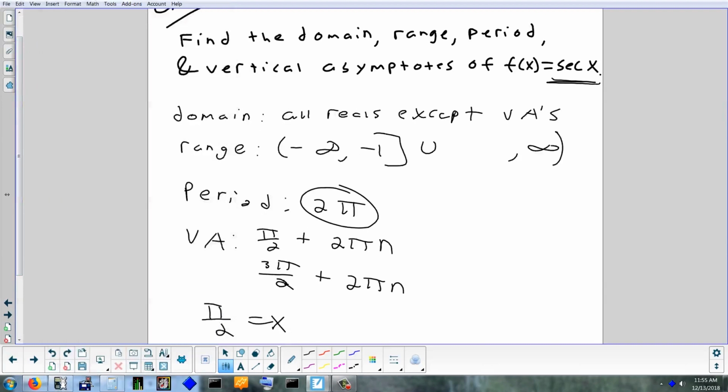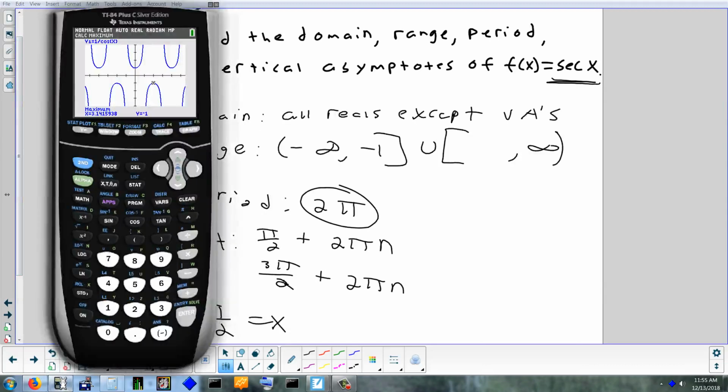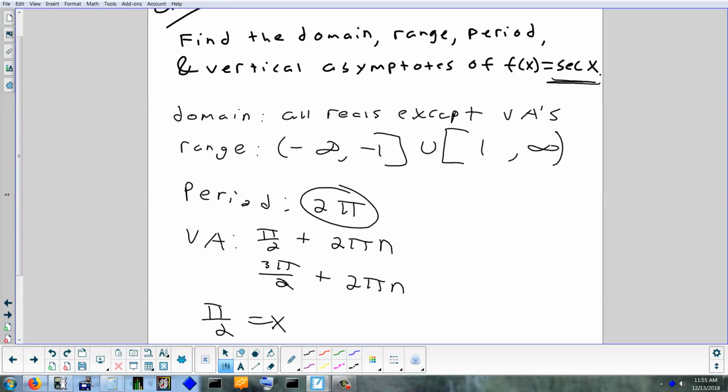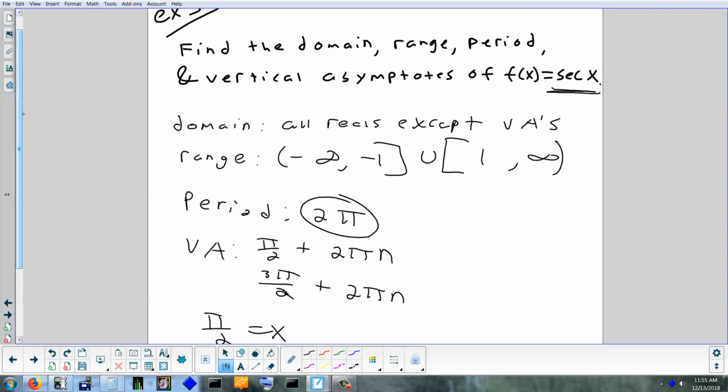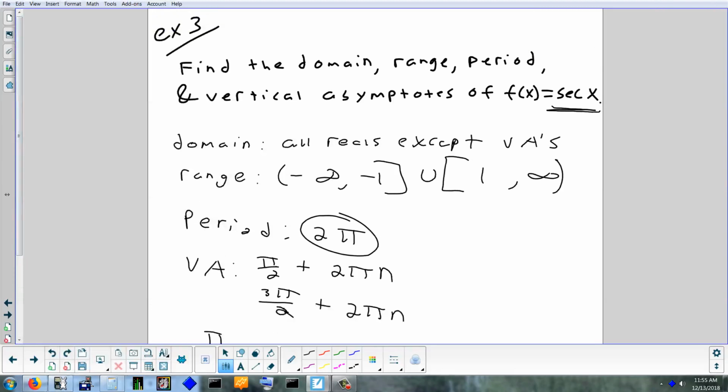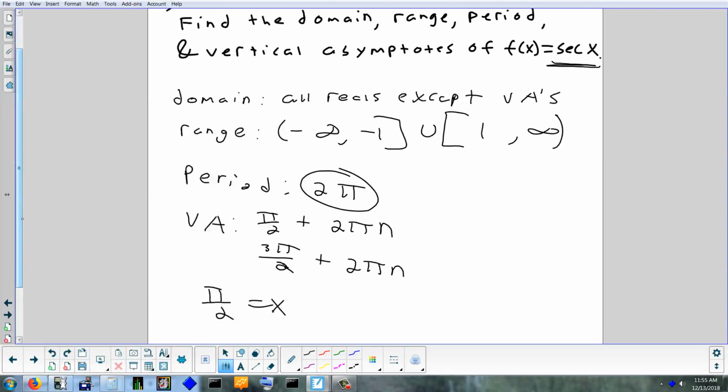So you're going to have that part. Does anyone have a guess where it's going to have a minimum and then go up forever from there? Yeah. Positive 1. That's what the range looks like for a secant function. Question on that? I think that's usually the trickiest part. Domain, range, period, those are pretty straightforward.